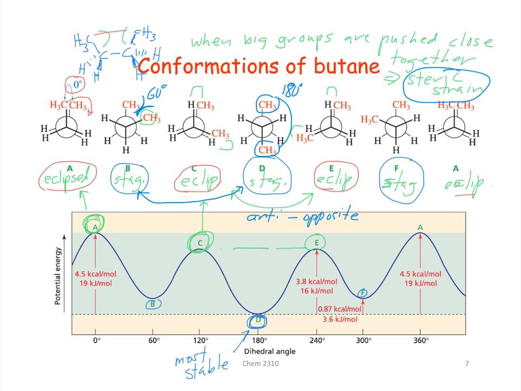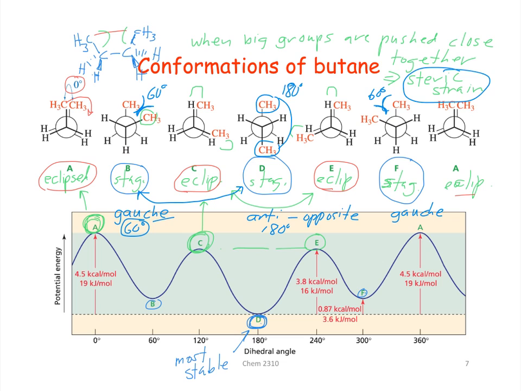And when they're 60 degrees apart, we call it, it's kind of a weird word, gauche. That's how we pronounce it. This is 60 degrees, and this is 180. So gauche interactions create some steric strain. Notice if we look back over here to F, these two methyl groups are 60 degrees apart, so this also has a gauche interaction, and so F and B are at the same energies.